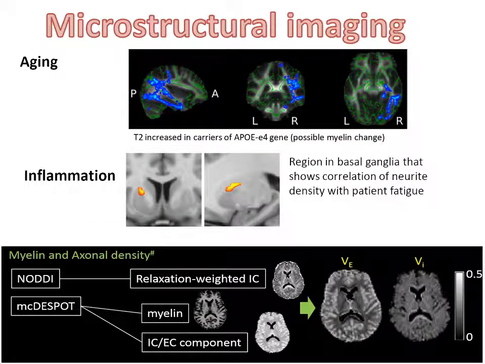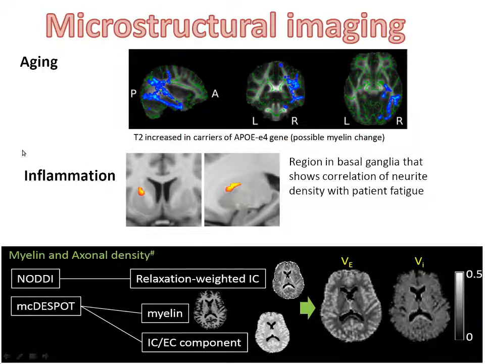Brain microstructural imaging has been applied to looking at aging, where I've identified differences between carriers of the ApoE4 gene, which is the best genetic risk factor for developing Alzheimer's disease. I've shown there are particularly tract-specific differences between those who carry the gene and those that do not.